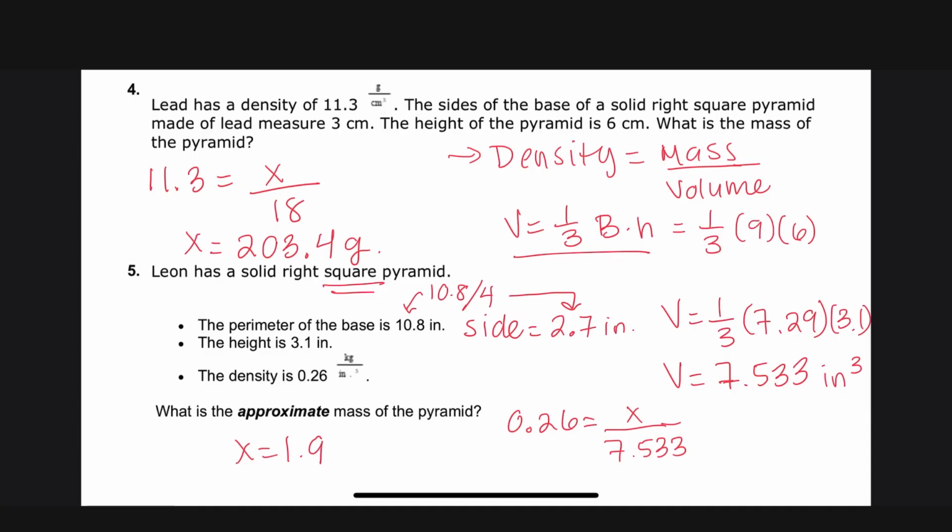Actually 1.95858. So I'm just going to round this to 1.96, and that's going to be kilograms. All right, so that's how you use the density formula to find different missing pieces.